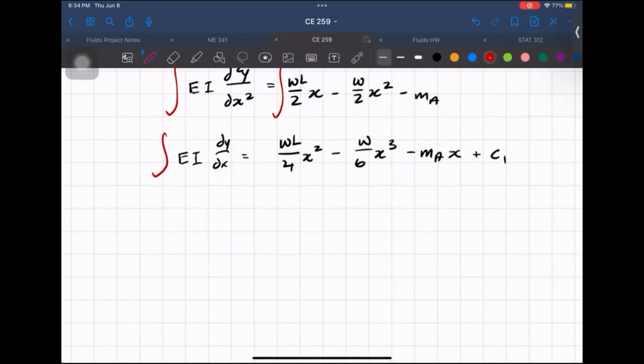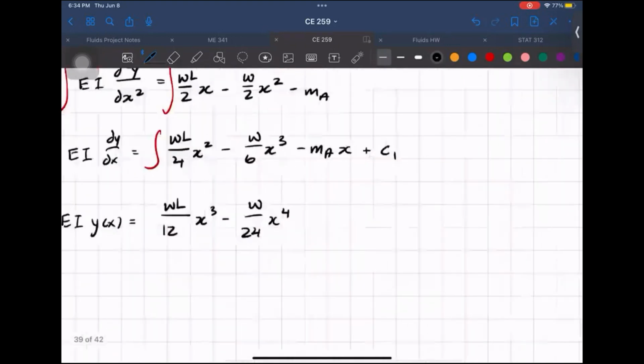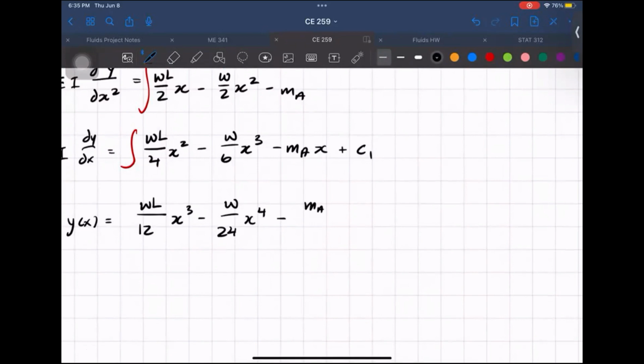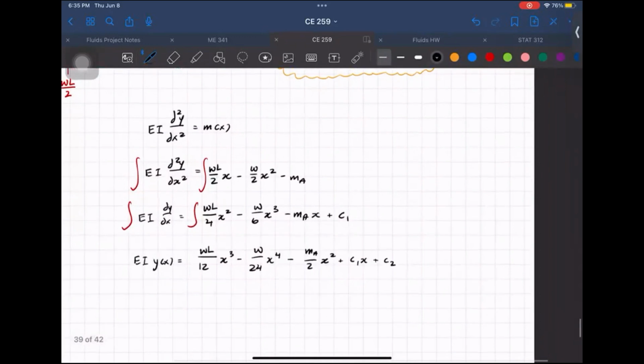Then you integrate one more time, and you get EI y is equal to WL over 12 x cubed minus W over 24 x to the 4 minus MA over 2 x squared plus C1 x plus C2. So this is what it should look like once you've integrated it twice.